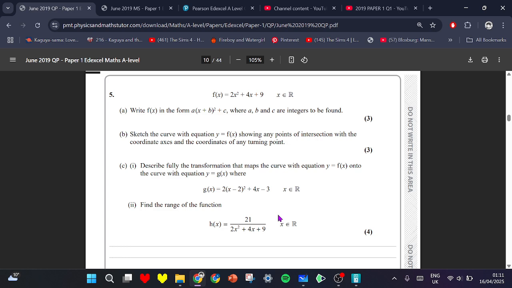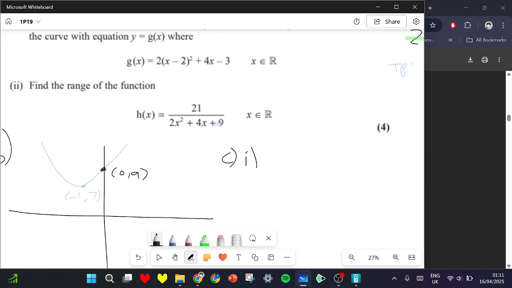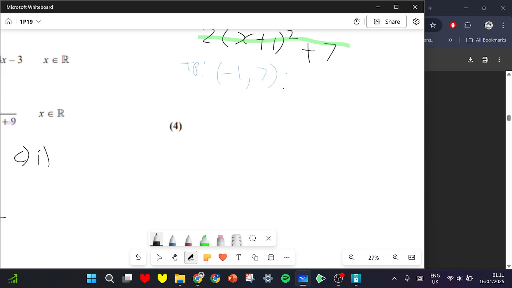Okay, then describe the transformation that maps that onto that. Okay, so for this part, what you're gonna want to do is find the turning point of this one, right? Because we already have it for f of x.